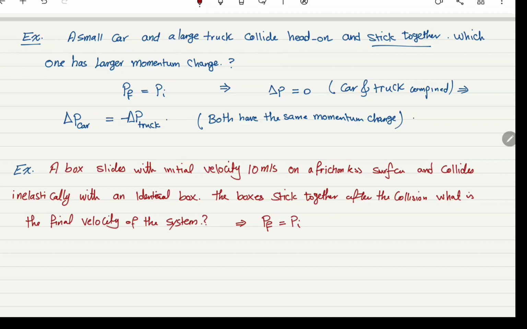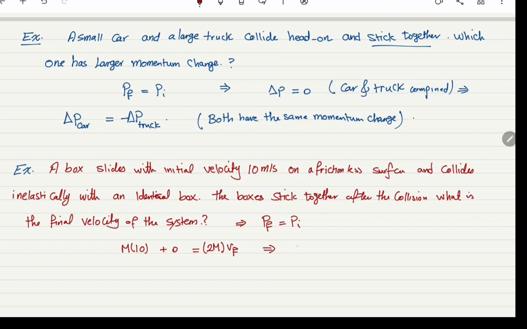Initially, the first box with initial velocity 10 has momentum m times 10, plus the momentum of the other box, which is 0, equal to, since they are stuck together and the collision is completely inelastic, 2m multiplied by v final.